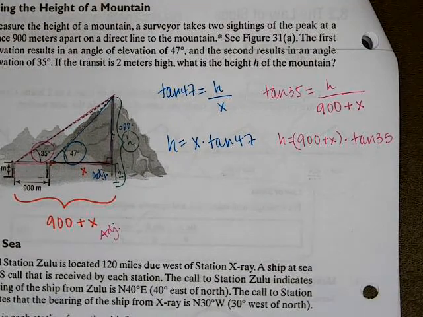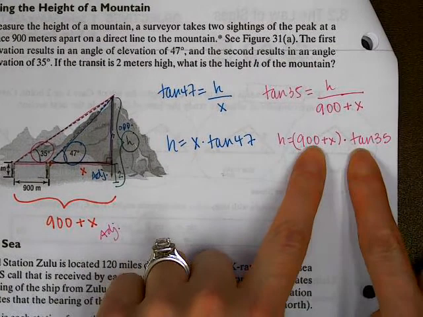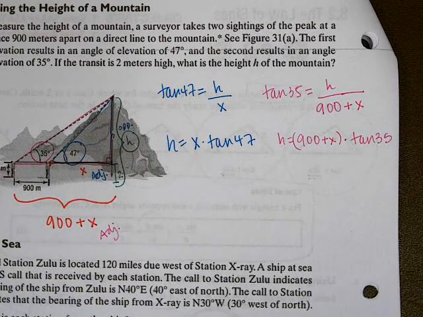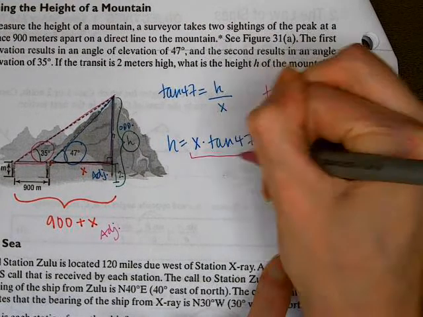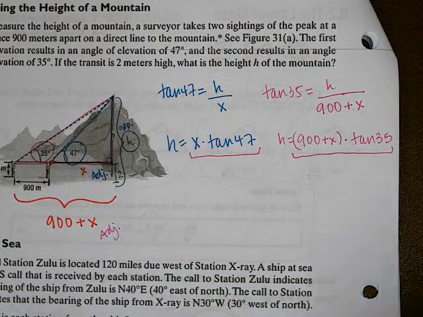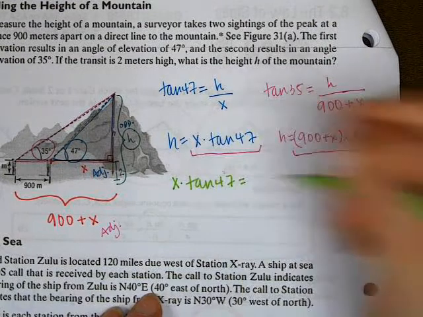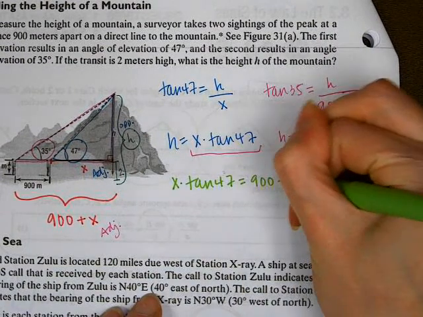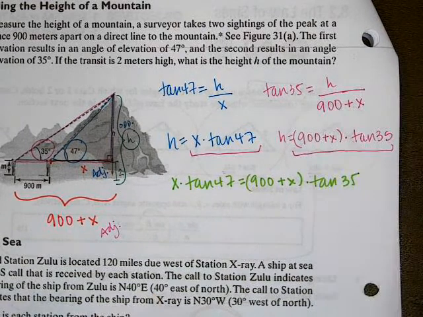Okay, so we just cross multiplied. And now if h equals this and h equals this, then why don't we just use a little substitution and just set this equal to this, since they both equal h. So now we have x times tan 47 equals 900 plus x times tan 35.